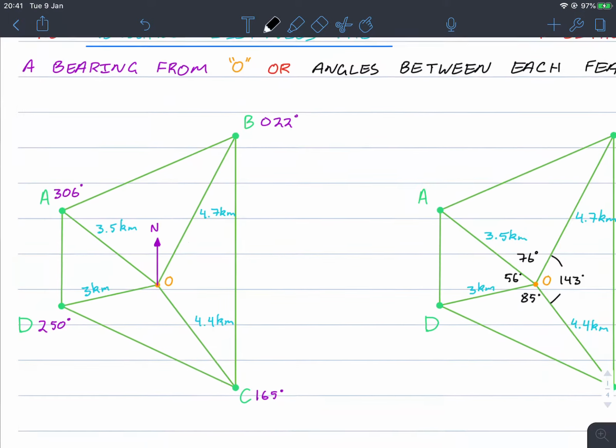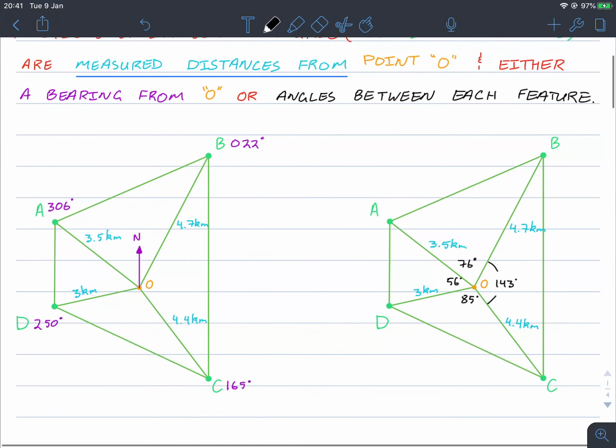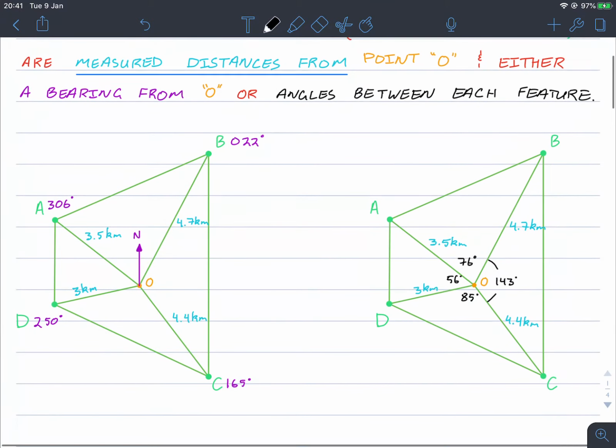But we'll look at that later. Or the angle between each feature is already given. Take a look here, the angle here can be found as 143. I'll go into a few examples of how we can find that angle.